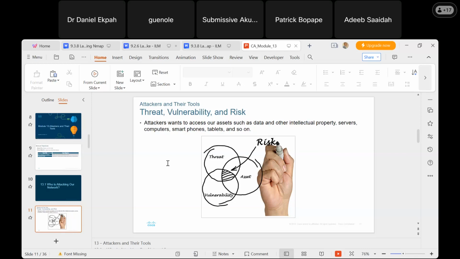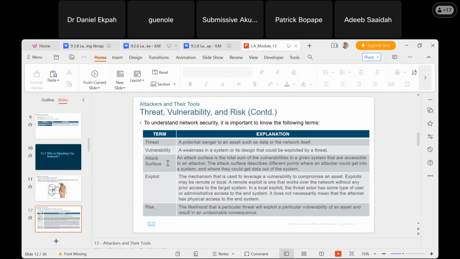And if you look at the diagram, you can see the threat, you can see the asset, and in between you can see the risk, the vulnerability and all that. If you bring them together, you realize that at the midpoint is where the risk is. So the question now is, who are these attackers?